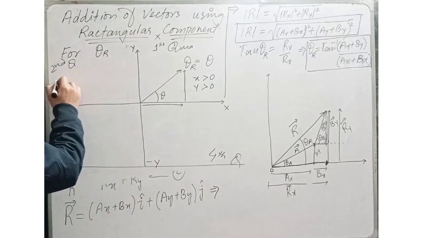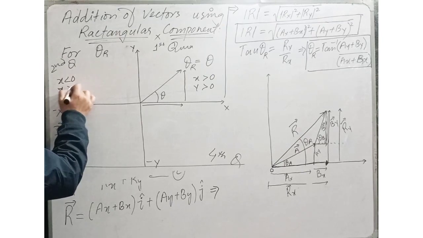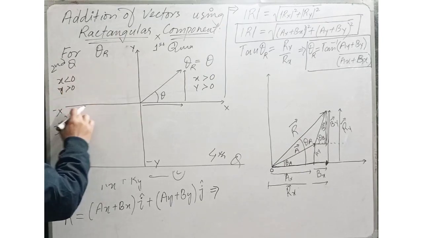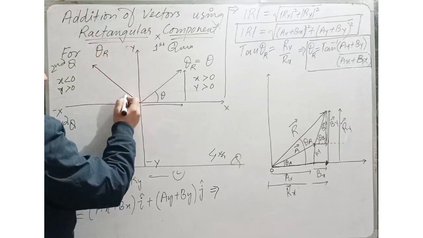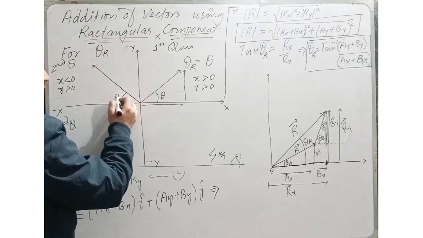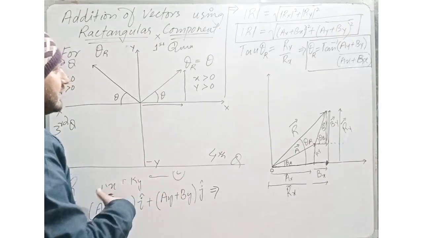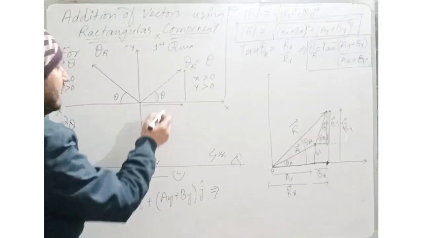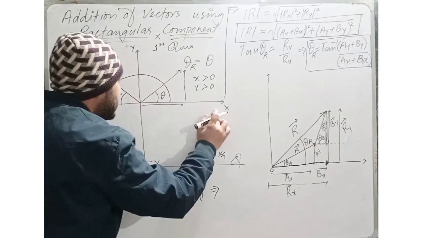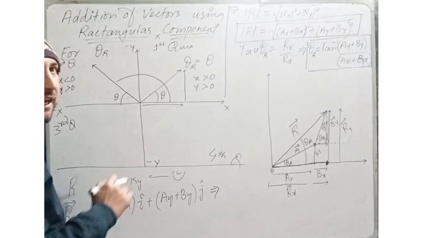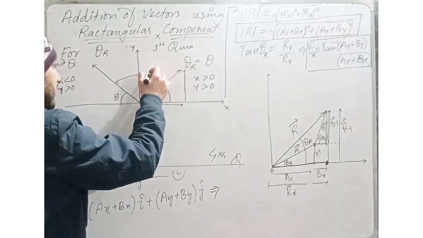Now if the x component is less than 0 and the y component is greater than 0, it means x is negative, at that time the vector will lie in the second quadrant. Now this is the angle theta. We have discussed this in our previous classes, that we will always measure angle from the positive x-axis in the anti-clockwise direction. So this would be the angle theta r, right?